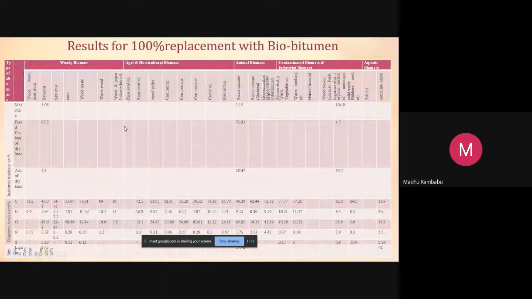Here is an example we took from biobitumen top 20 papers. We took it all from the top 20 papers of biobitumen from the scientific analysis. We get these results from all the papers we collected: the process they followed, the material they took, the temperature, and the properties of the biobitumen and all.